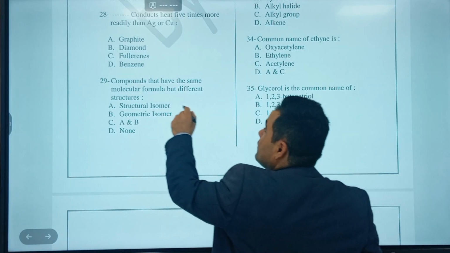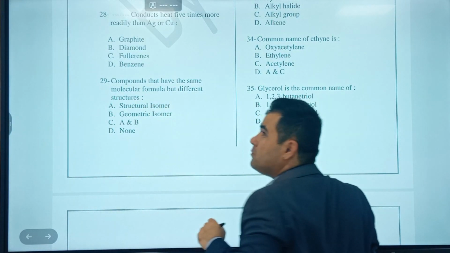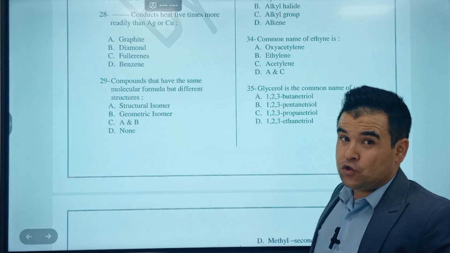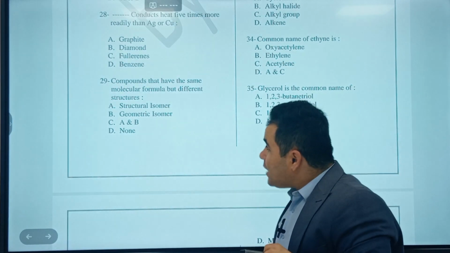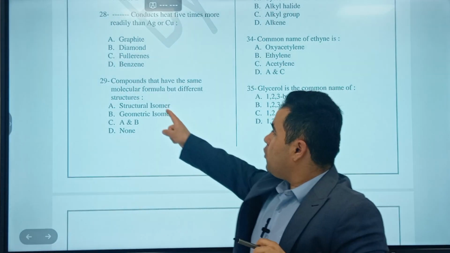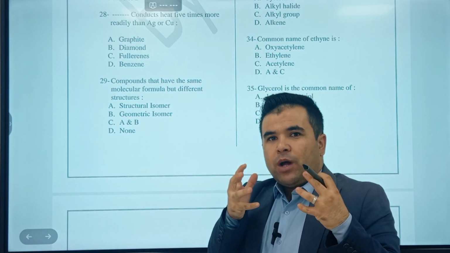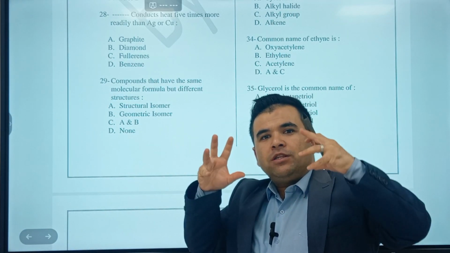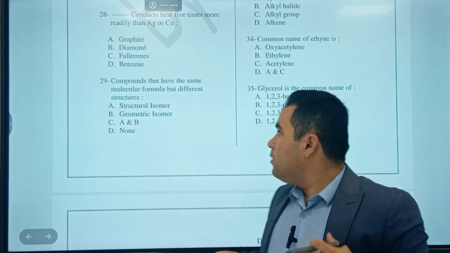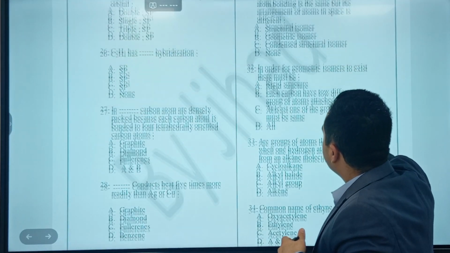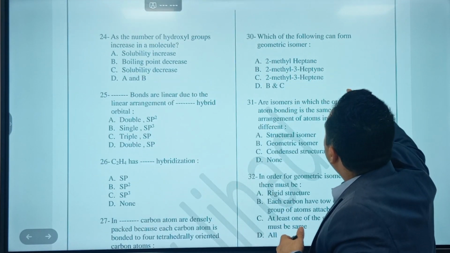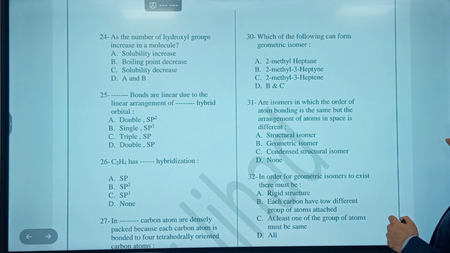Compounds that have the same molecular formula but different structures: the structural isomer is the correct answer. The geometric isomers have the same structure but different orientations in space. Which of the following can form geometric isomer?